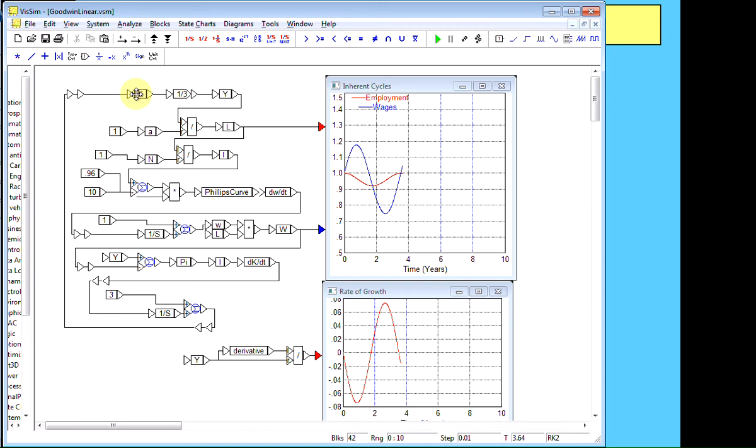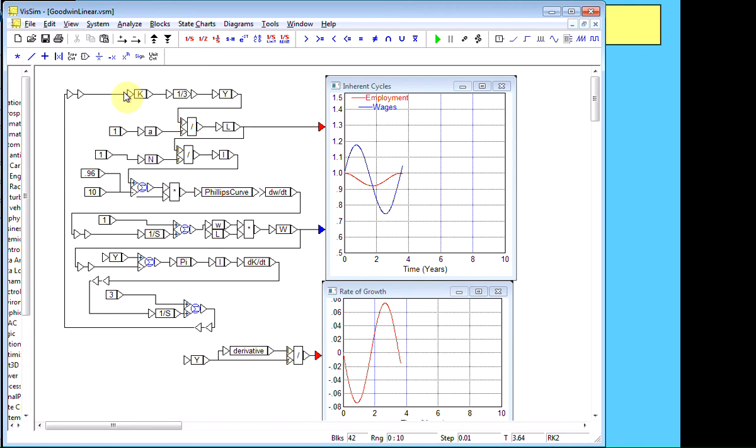Capital determines output, output determines the labour, labour determines the employment rate, the employment rate determines the rate of change of wages, the rate of change of wages determines the actual wage, the wage times labour determines the wage bill, output minus the wage bill determines profits, profits give you investment, investment is the rate of change of capital stock, and you're back where you started again.